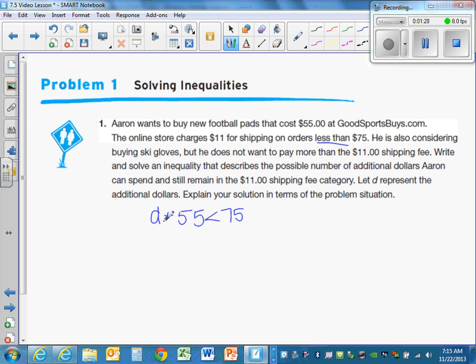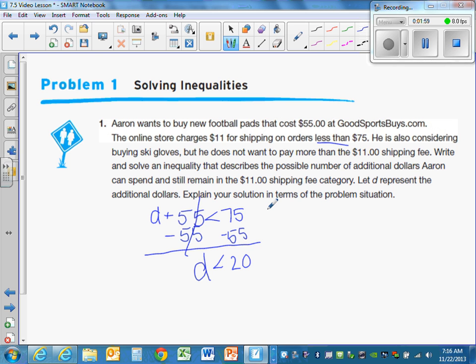So here our variable D is being added to 55. We need to do the opposite and subtract 55 from both sides, and it's going to cancel out. We're just left with D needs to be less than $20. So in order to pay the $11 shipping fee and keep his order less than $75, Aaron can only spend an additional $20.